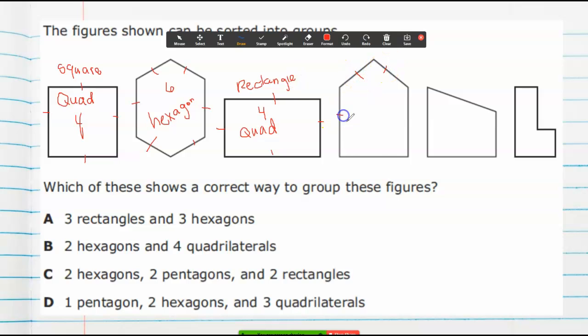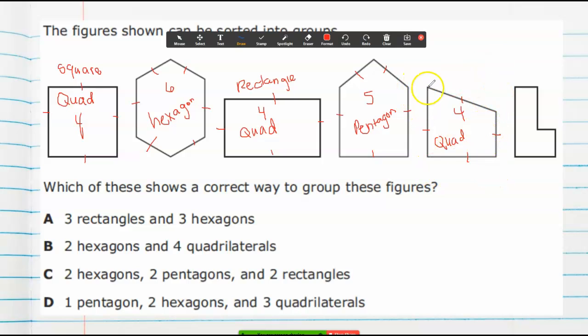One, 2, 3, 4, 5. I have a 5-sided shape, which is a pentagon. One, 2, 3, 4. I have a 4-sided shape, which is a quadrilateral. And if we look at the lines, these two are parallel, right?